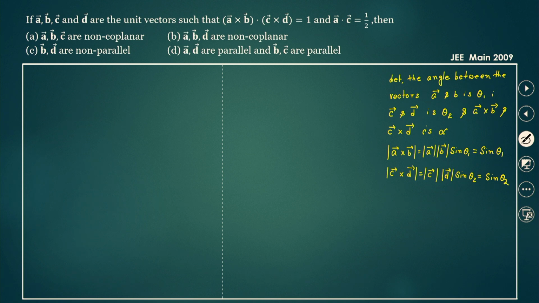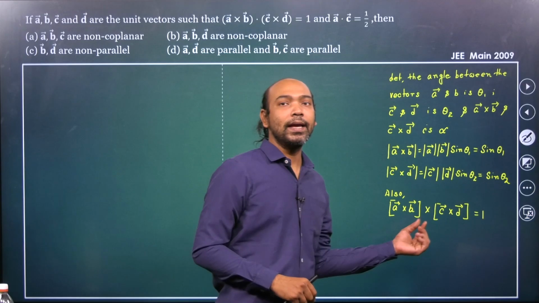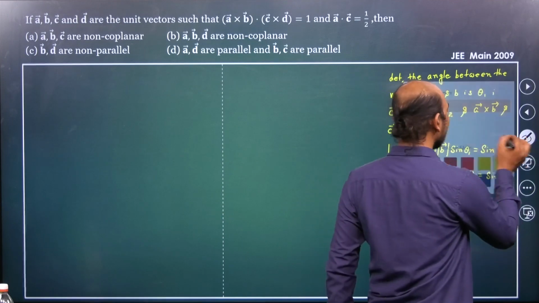Also let's take the given condition. It says that A cross B multiplied by the other vector, C cross D, is equal to 1. So A cross B dot C cross D is equal to 1.